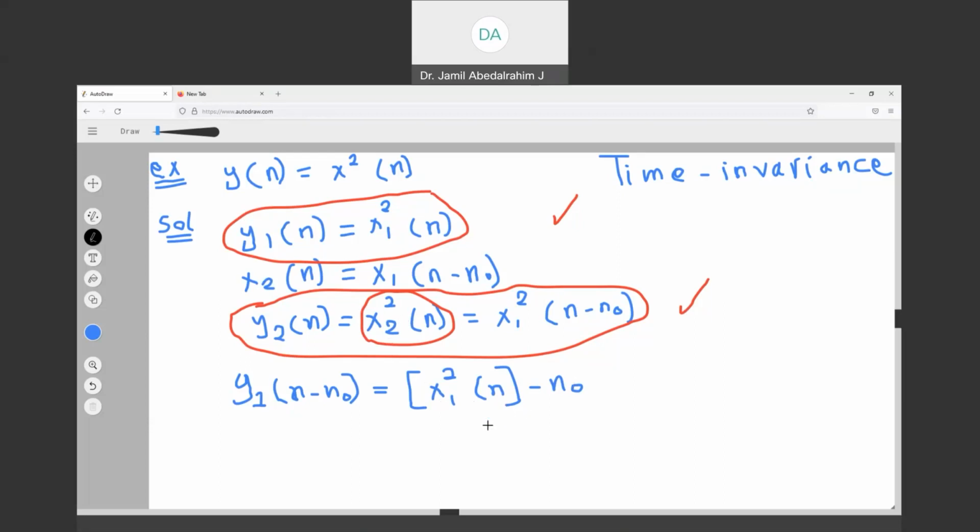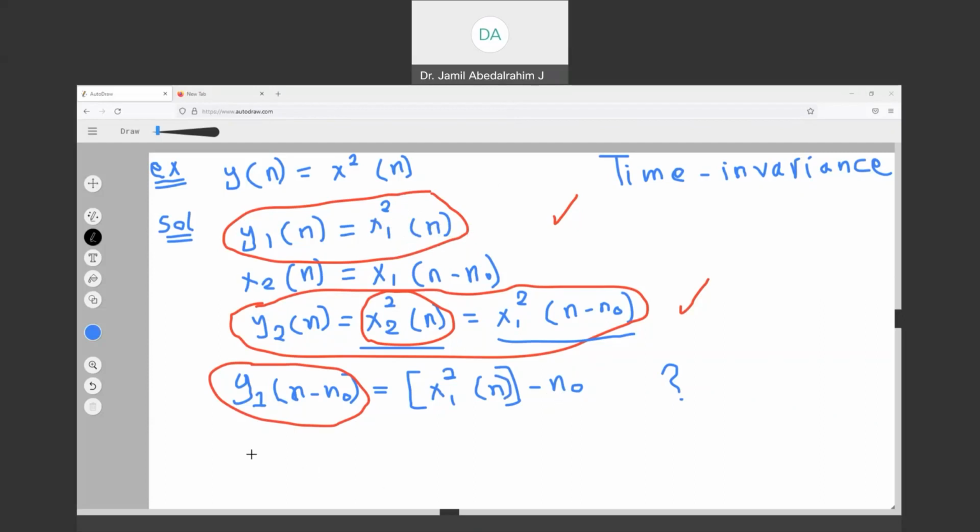Look at the difference here. Where we have n, it becomes n minus n naught. But what we did in this equation is shift the whole equation by minus n naught: all of x1 to the power of 2 of n, the whole minus n naught.